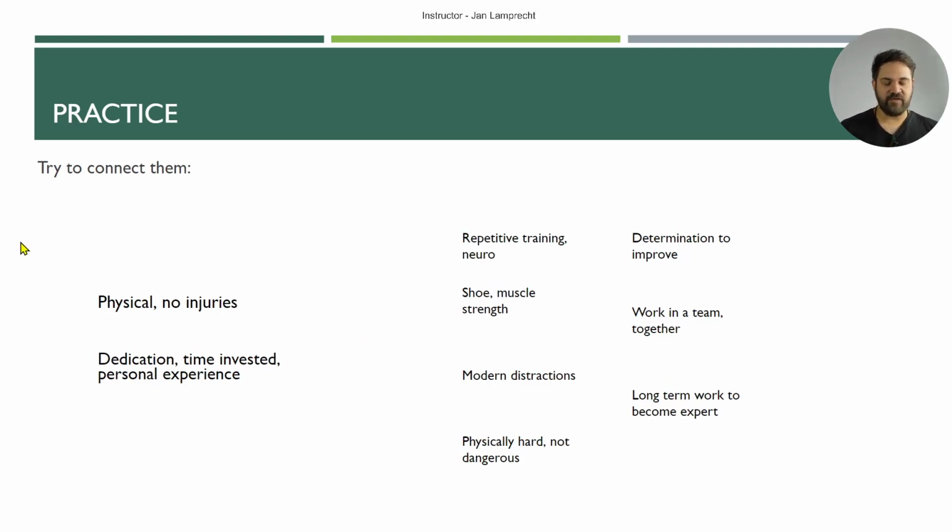So let's see, we've made our summaries. Can we possibly see connections? Can we see connections through our summaries? Let's look. Physical, no injuries. Repetitive training, neuro, no connection. Physical, no injuries. Shoe muscle strength, maybe, possibly.